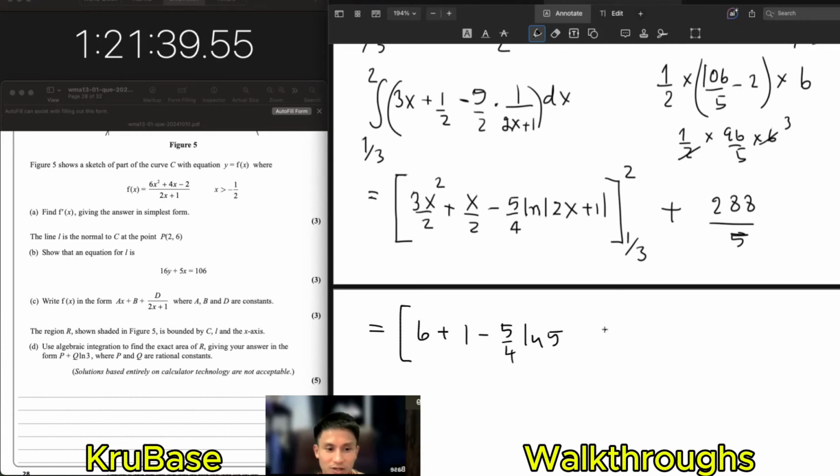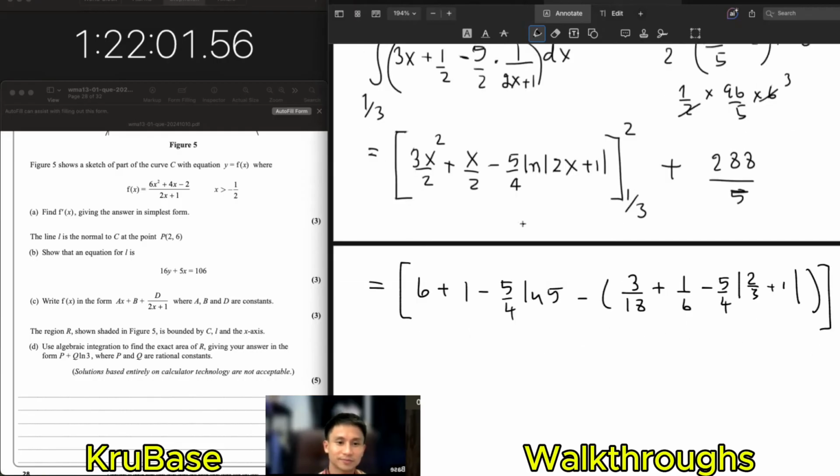And then substituting the whole thing by a third, that's horrible. It is 3 over 18 on the first term, plus 1 over 6 on the second term, and minus, oh, this is more horrible than that. Okay, this is a ln of 2 over 3 plus 1. That's so horrible.